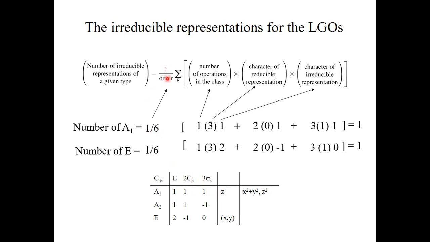In this case, the order of the point group is 6. Why is this? Because we have 6 symmetry operations to consider. You can read this from the character table. We have the identity, we have 2 C3 operations, and we have 3 sigma v operations. So that gives overall 6 operations. Okay, so then we have to form these products here for all the symmetry operations.